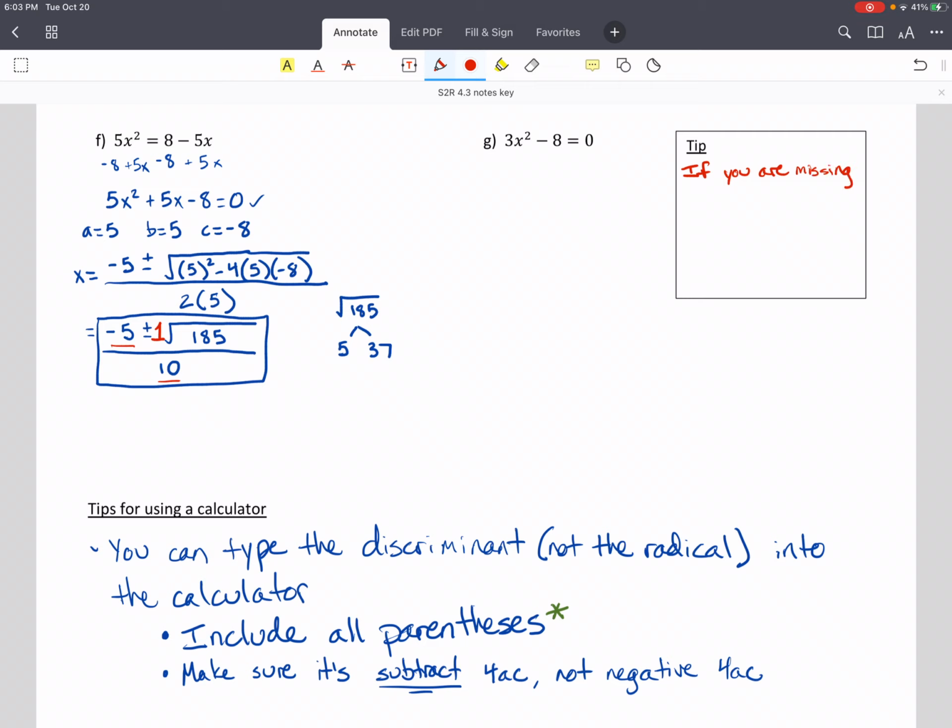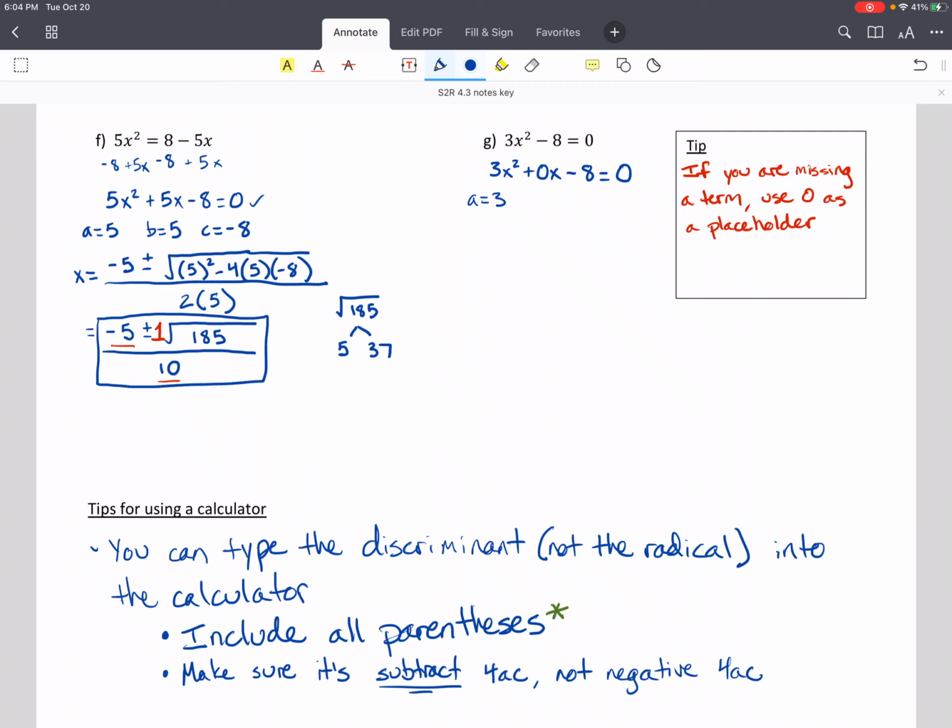If you are missing a term, use 0 as a placeholder. Meaning I can rewrite this as 3x squared plus 0x minus 8. Because I was missing that middle term, so I'm just going to put a 0 with it.